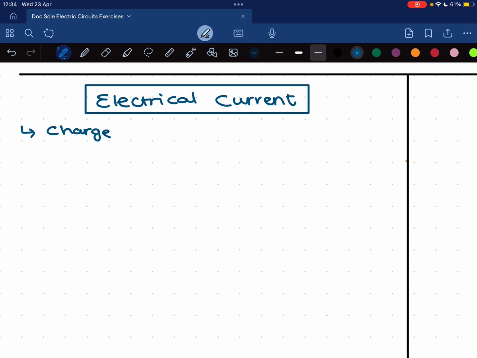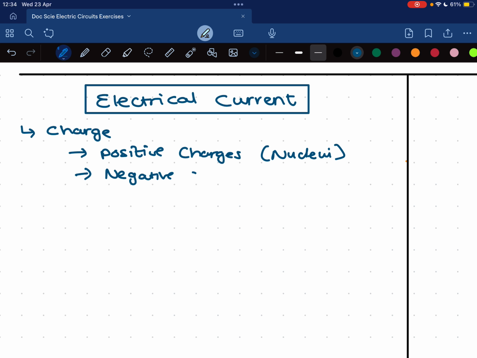There are positive charges, which come from the nuclei of atoms, and negative charges, which come from the electrons in an atom. So charge is something that is required in order for electricity to form.